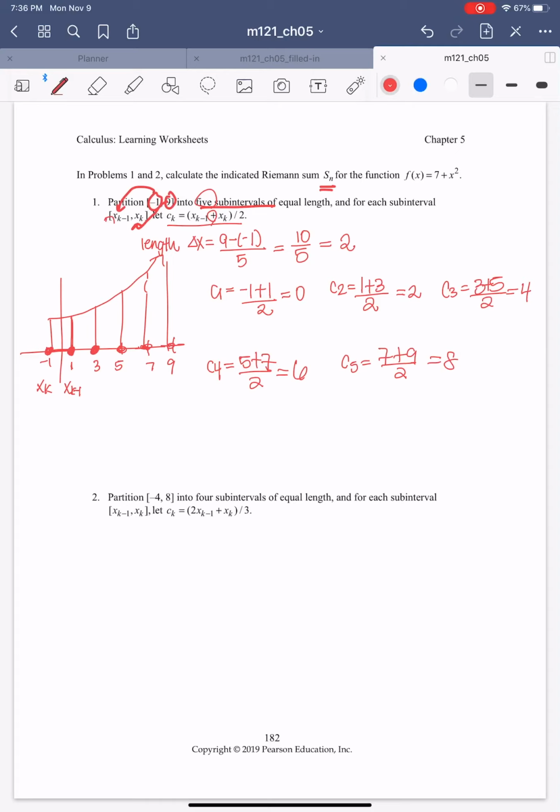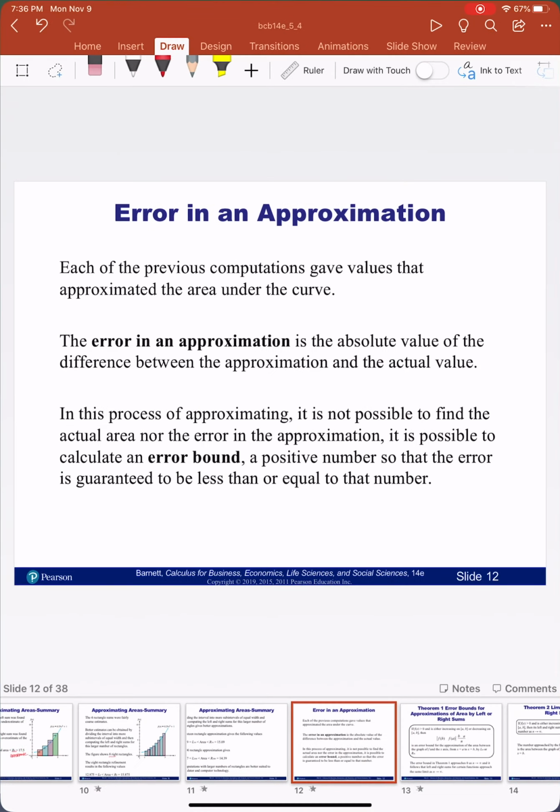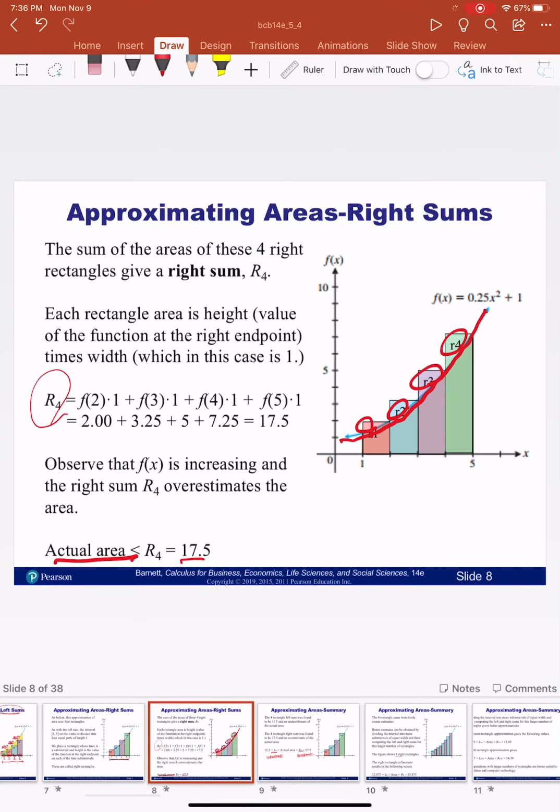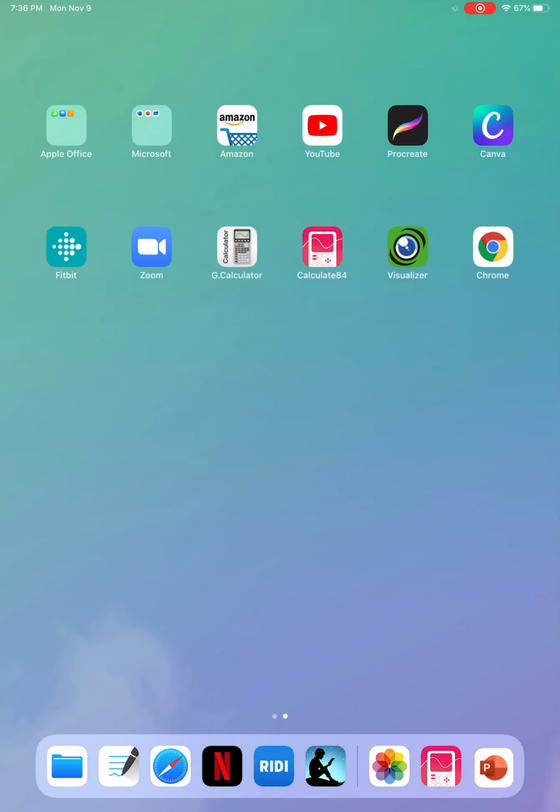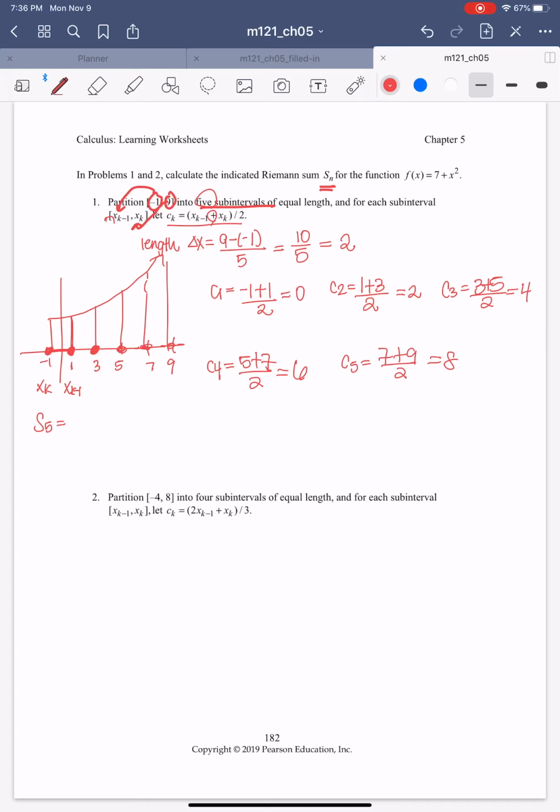Now, to calculate sum of 5, your Riemann sum, let me pull out the PowerPoint really fast. Okay, so these will be your C's. This will be C sub 1, C sub 2, C sub 3, C sub 4. So we are going to plug that into our function, and that will be your height. So let's do that. The format looks like this.